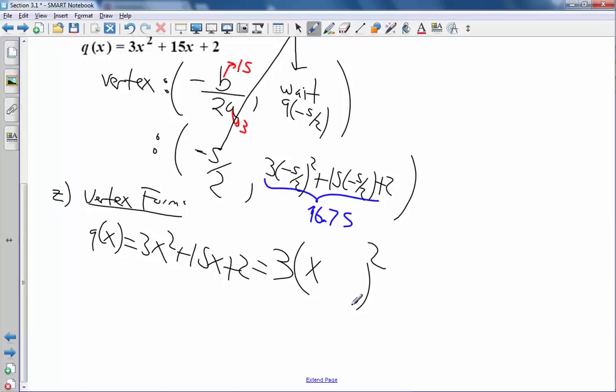What is the first number? 2.5, negative 2.5, or 5 over 2. Let's change this into decimal. This is negative 2.5, and this is 16.75. Am I right? No, I made a mistake. Yeah.